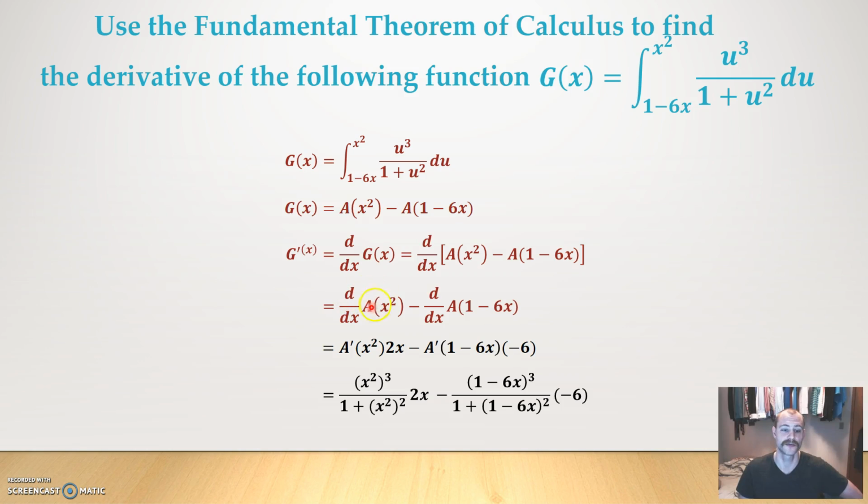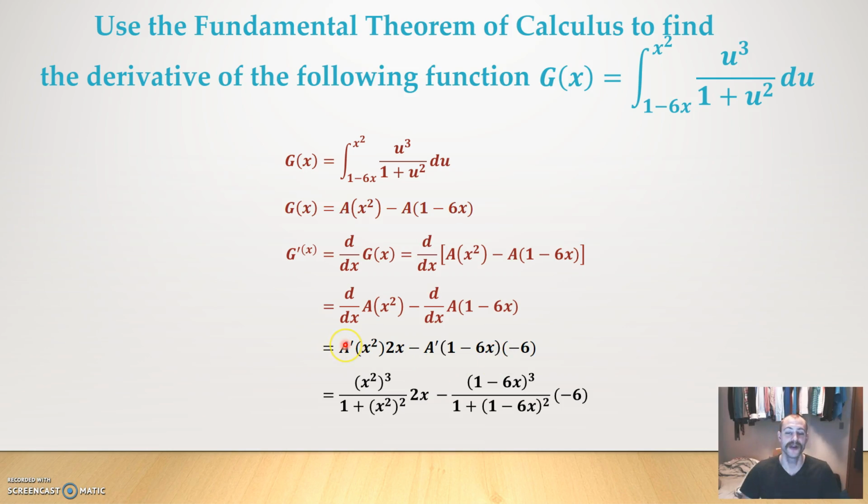So we get the derivative of the antiderivative evaluated at x squared, times the derivative of x squared. Then the same thing over here: the derivative of the antiderivative evaluated at 1 minus 6x, times the derivative of 1 minus 6x, which is just negative 6.